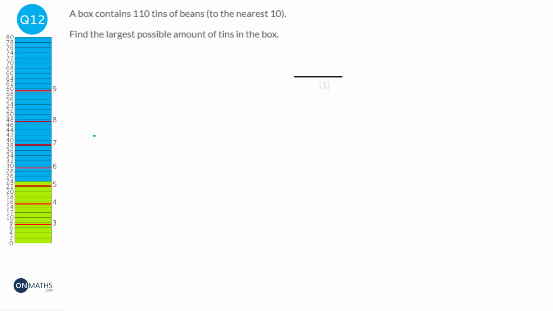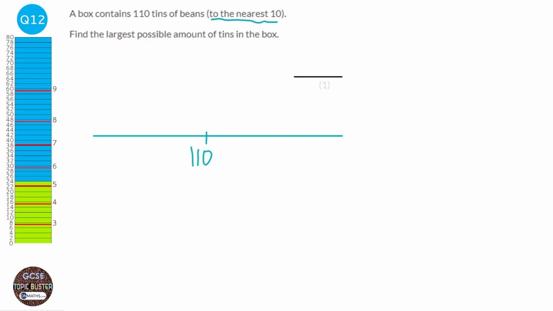If I start by drawing a number line, and we're going to put the 110 in the middle. Now I'm going to label the next one down and the next one up. It says to the nearest 10. So the next one down would be 100, and the next one up would be 120. Now we're interested in the cutoff, and the cutoff point is between the two numbers.